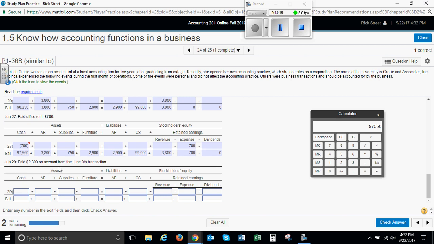On the 29th, we paid $2,300 on account. Okay, cash is involved, minus 2,300. Got that right. And we're paying 2,300 on accounts payable, so it's minus 2,300 there. And now we're going to figure out what our cash balance is again.